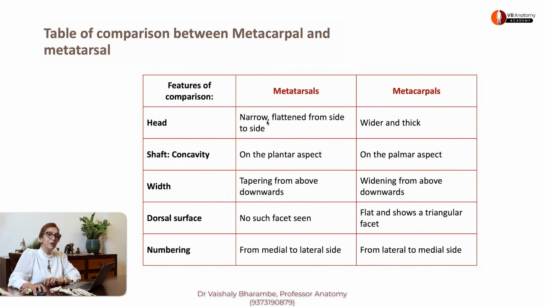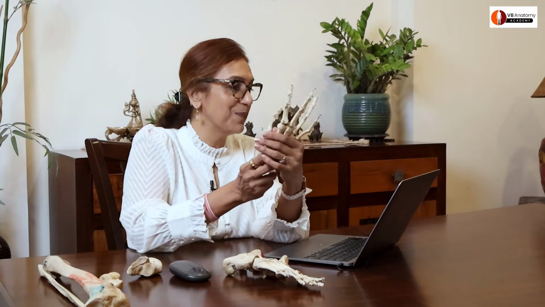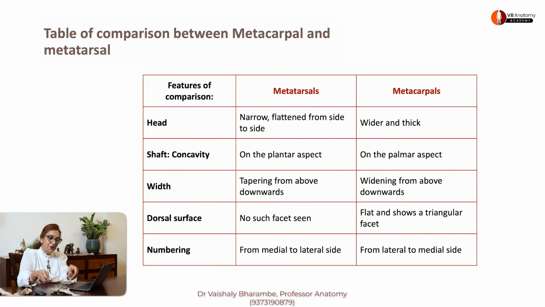The head of the metatarsal is quite narrow. The head of a metacarpal is very wide. Forms your knuckle, isn't it? It's quite wide. The shaft of a metatarsal shows concavity on the plantar surface. On the lower surface, it shows concavity.